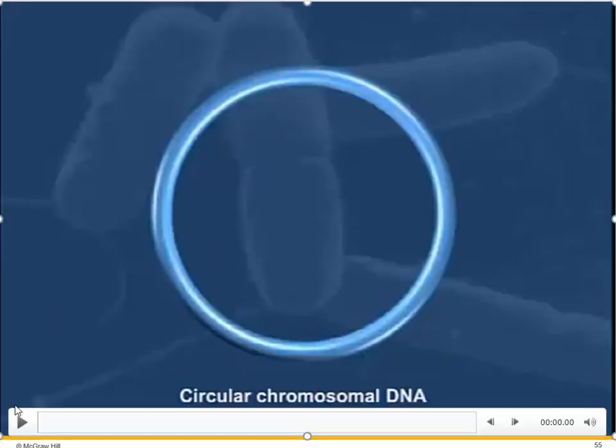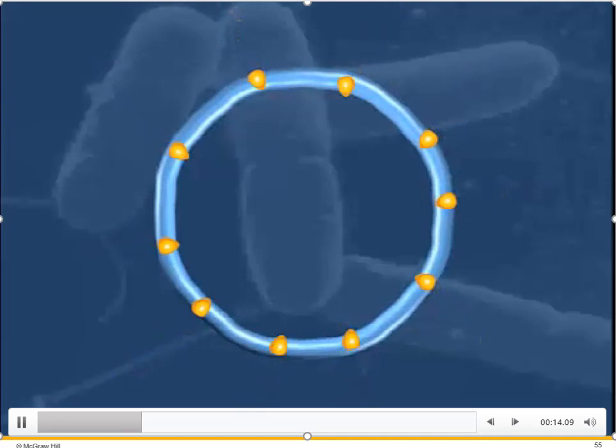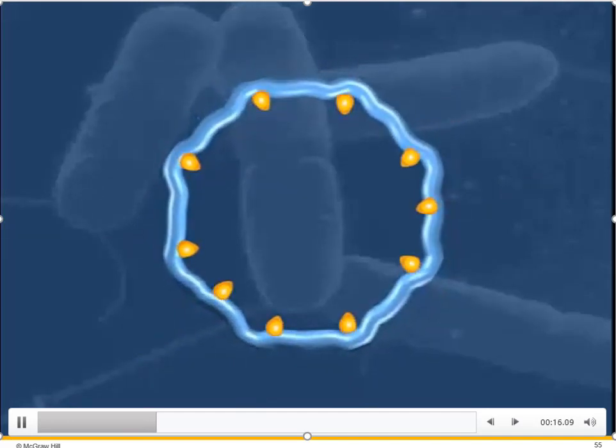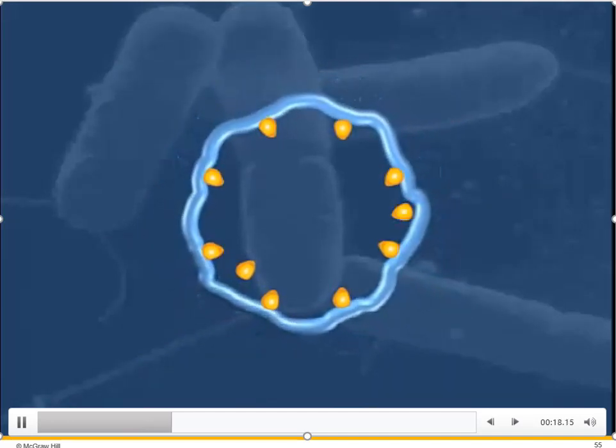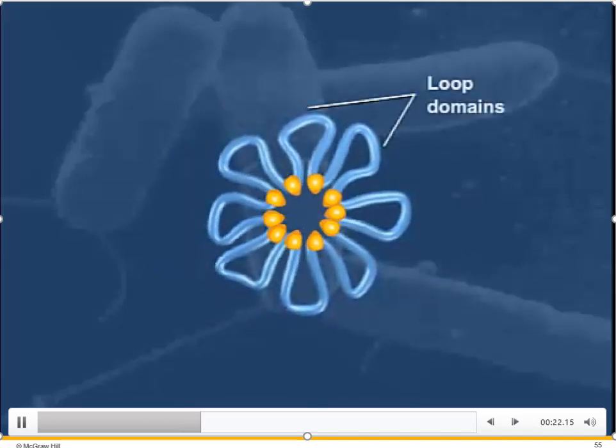So here's the circular chromosomal DNA and how it compacts. The circular chromosomal DNA of bacteria must be compacted about 1,000-fold to fit within a bacterial cell. Part of this compaction comes through the formation of loop domains, where segments of DNA are folded into loop-like structures that are held in place by DNA-binding proteins. The formation of loop domains compacts the DNA about 10-fold.